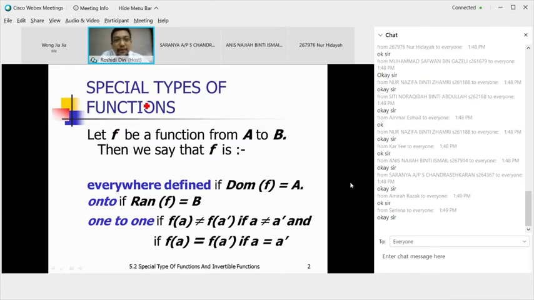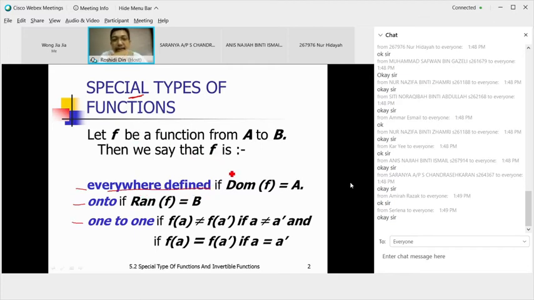Now we look at the special types. There are three special types of function. First, we call everywhere defined.